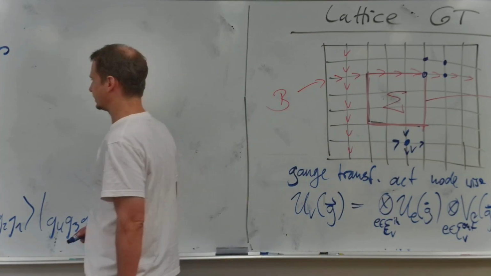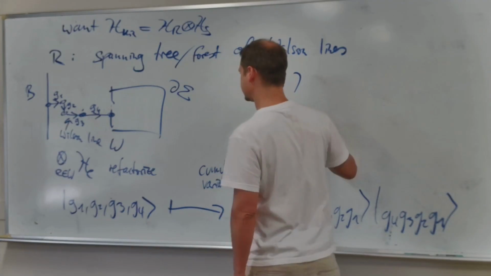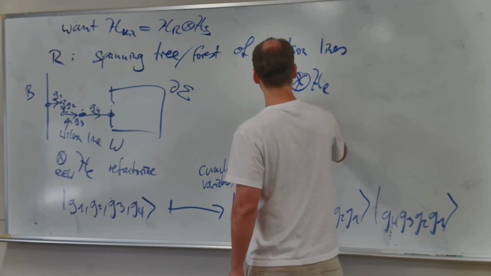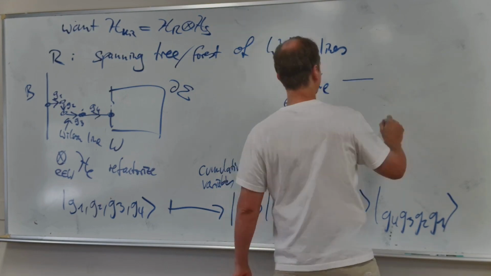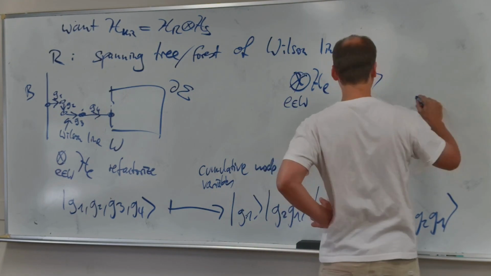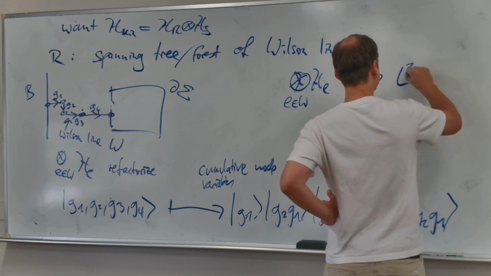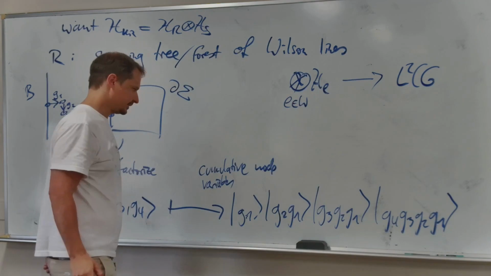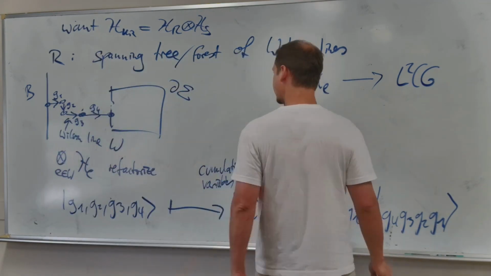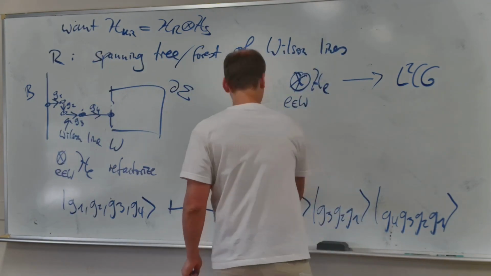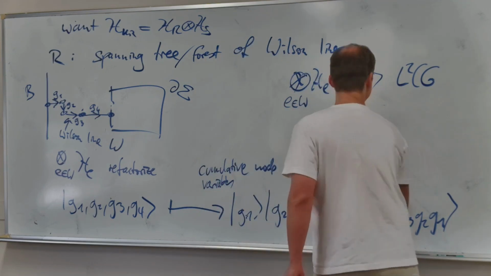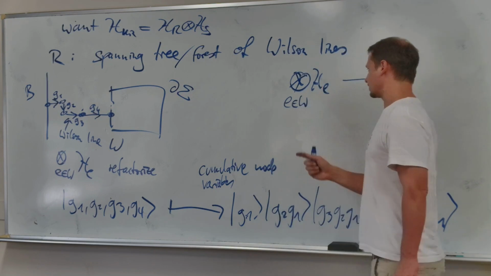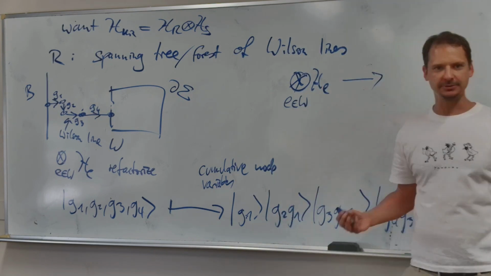So this gives you then a refactorization of this H_E and E and W, and it goes to another set of L2 over G, and maybe I'll call this, there's a name now. So the point is we go from edge Hilbert spaces to Hilbert spaces you would associate with the nodes.